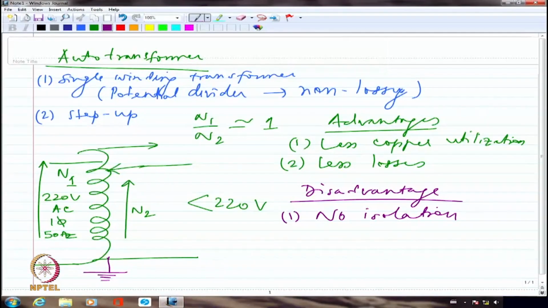So it is a single core on which one single winding is wound. So if you look at it, the leakage will be really limited. There is no question of leakage in fact, because whatever links the primary has to link the secondary, right? Because you are going to have the same winding acting like primary as well as secondary.